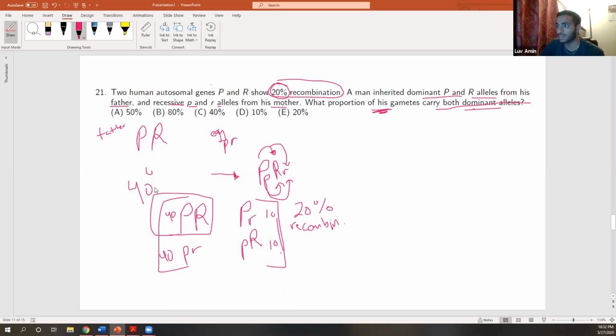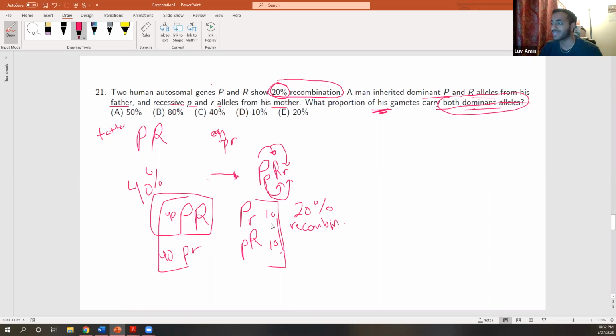My bad, I misworded that. So as we're talking about, we have 40% carrying both dominant alleles, which is what this is asking.